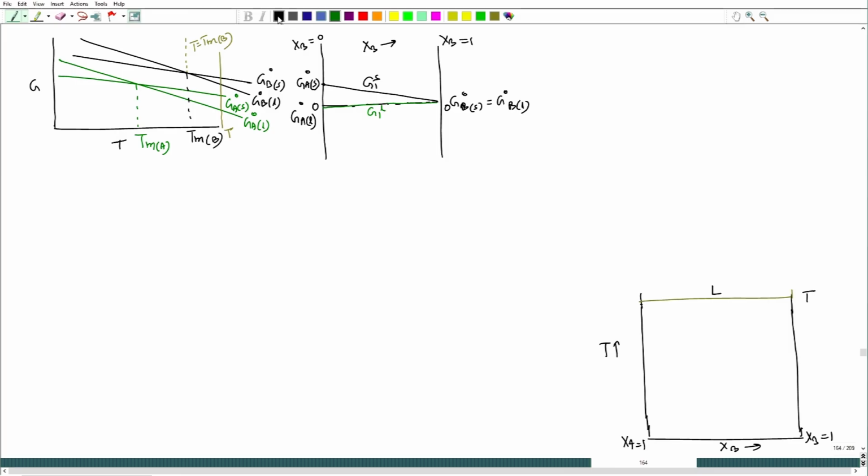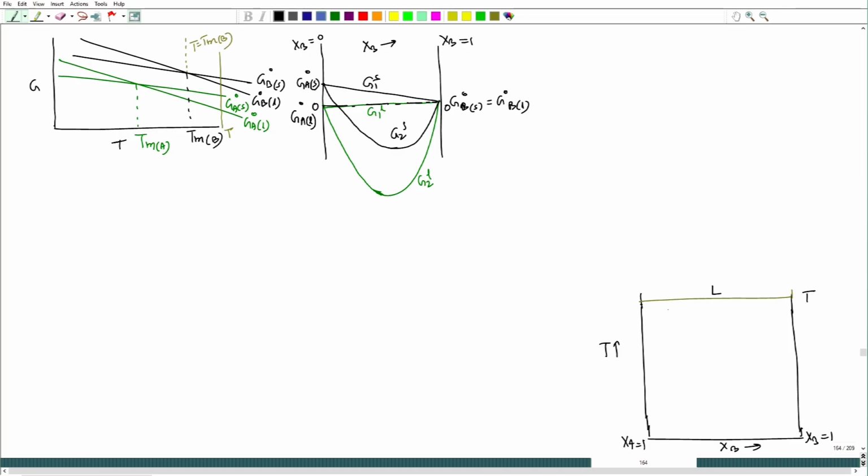Now, if I draw the free energy of liquid and solid solutions, liquid would be steeper, fine. This is G2 liquid and G2 solid.